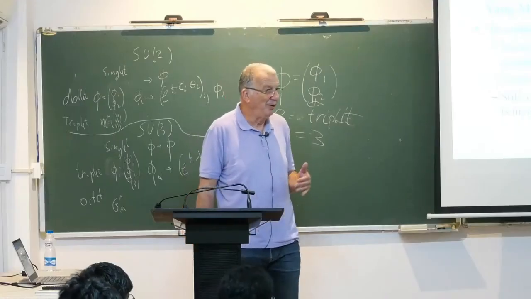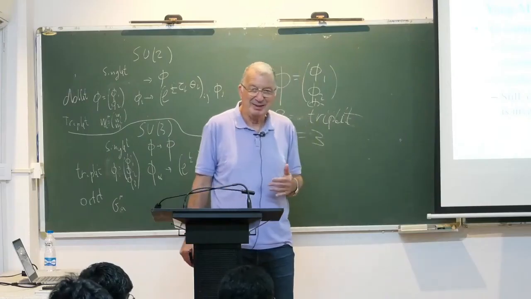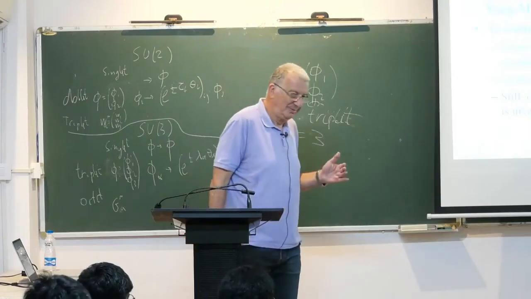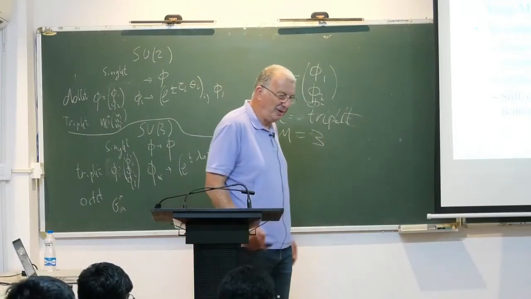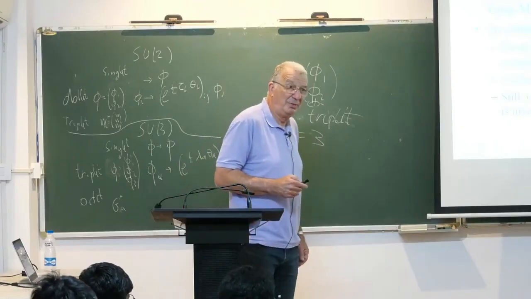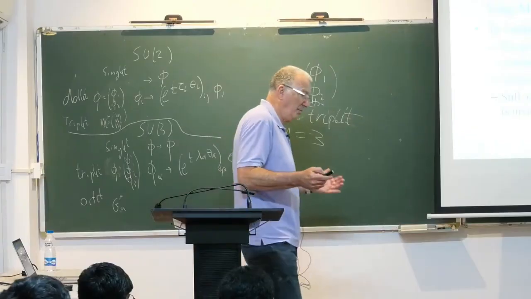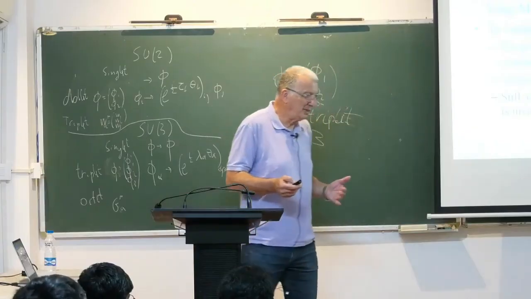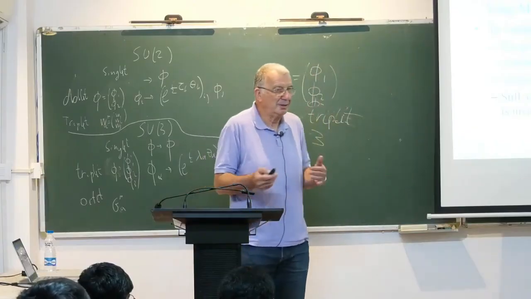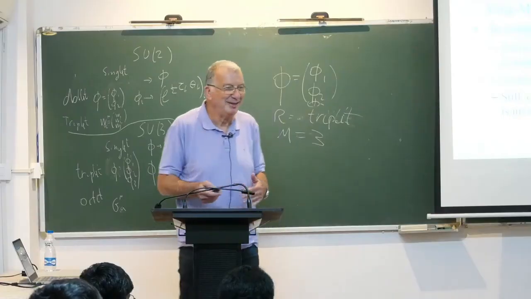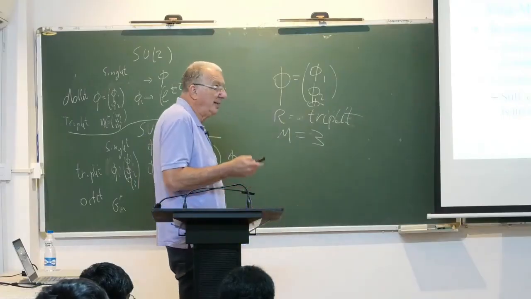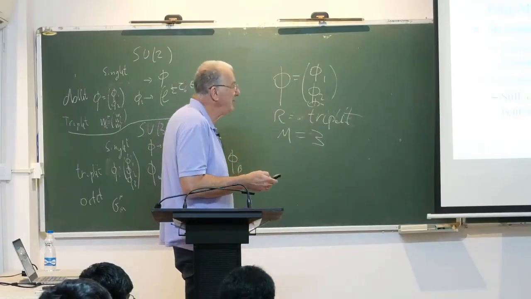I must therefore have kinetic terms. And I insist on having a local non-abelian symmetry. There is a way to do it. As I said yesterday, at first sight it looks crazy, but since nature makes use of this, then we go along with this. And again, there is only one way to do it.